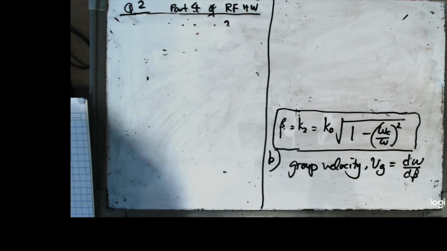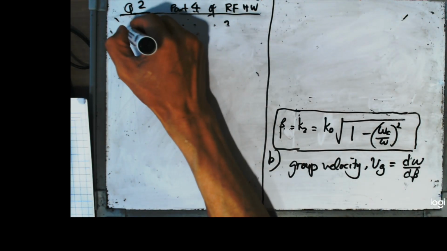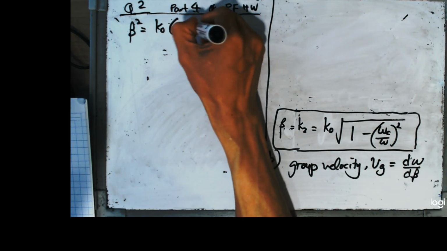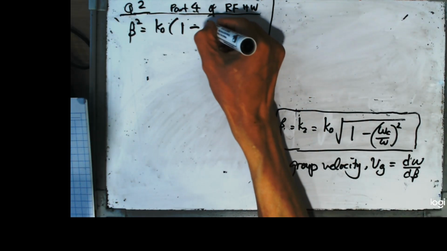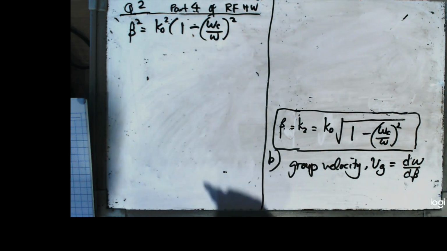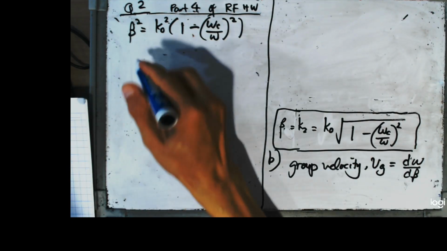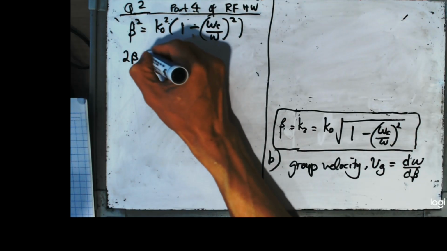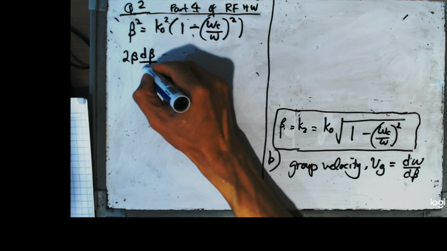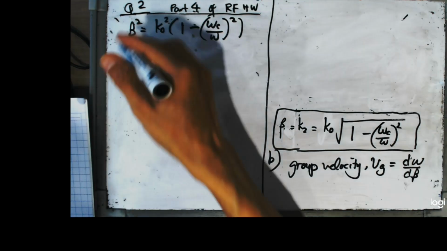If you square both sides of the equation, we get beta squared equals k naught squared times 1 minus omega c over omega squared. Before differentiating, it's better to simplify this equation first.